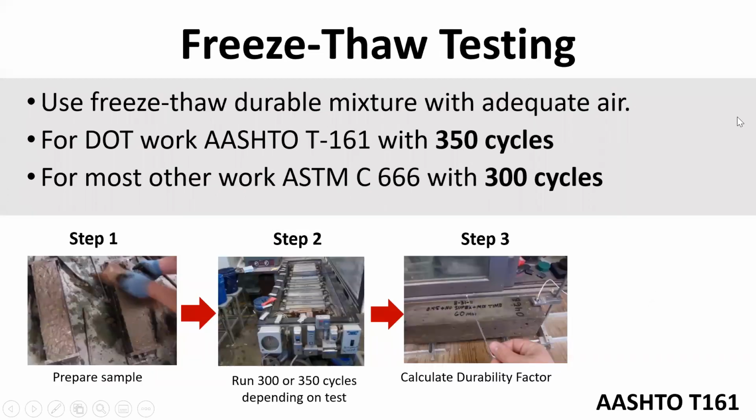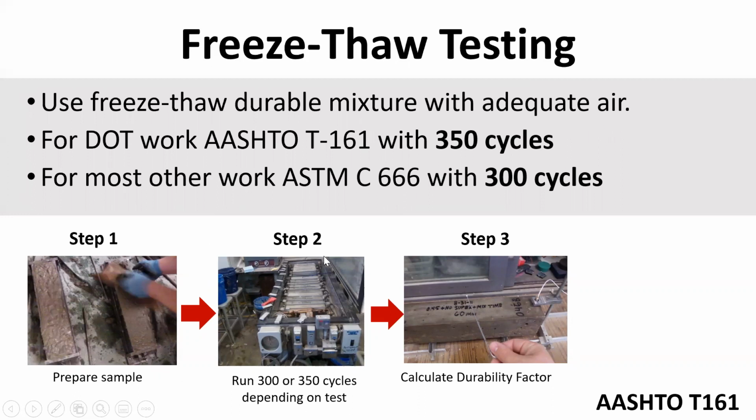So how this freeze-thaw test works, ASTM C666, it's 300 cycles. AASHTO has one for 350. They're the same test, but in essence, you make some beams with, in this case, the aggregate that you're trying to test. You make sure the mix design is going to be adequate, has adequate air and everything, and it's going to perform well.